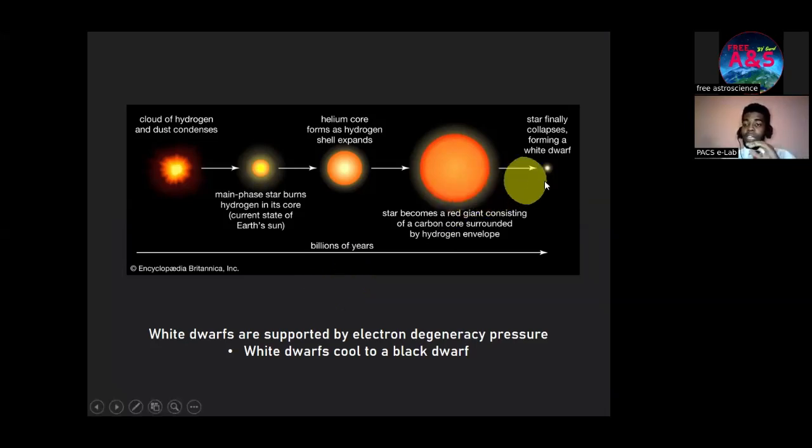So this white dwarf, because it is no longer fusing anything to produce energy to sustain the mass, is sustained by this electron degeneracy pressure. So it can't collapse further. It remains in that state. Later on, white dwarfs will cool over billions of years to black dwarfs. And that is actually the end of everything that is not a black hole.